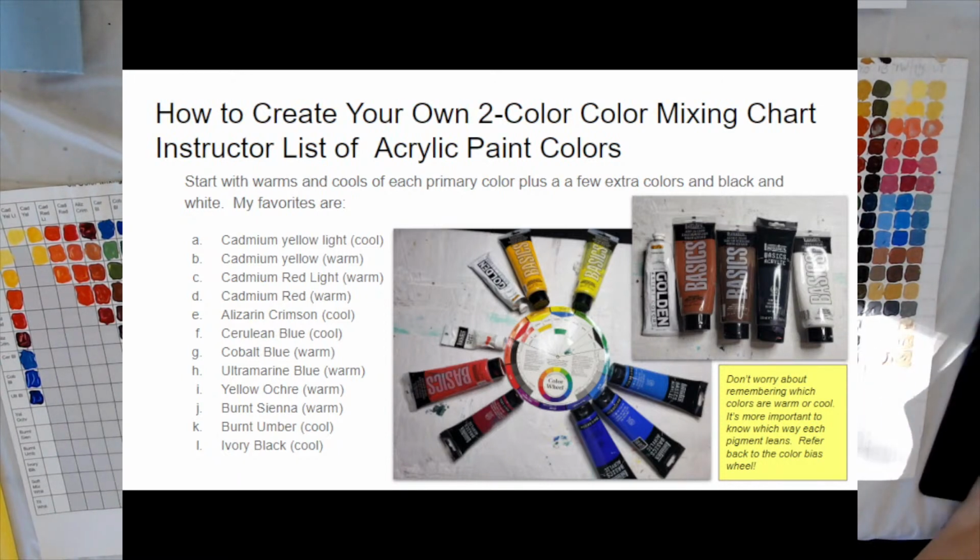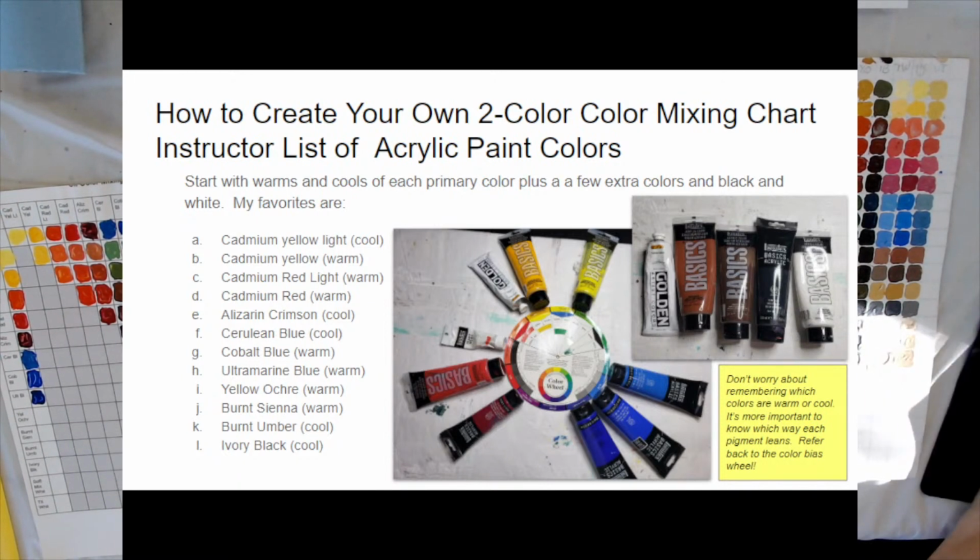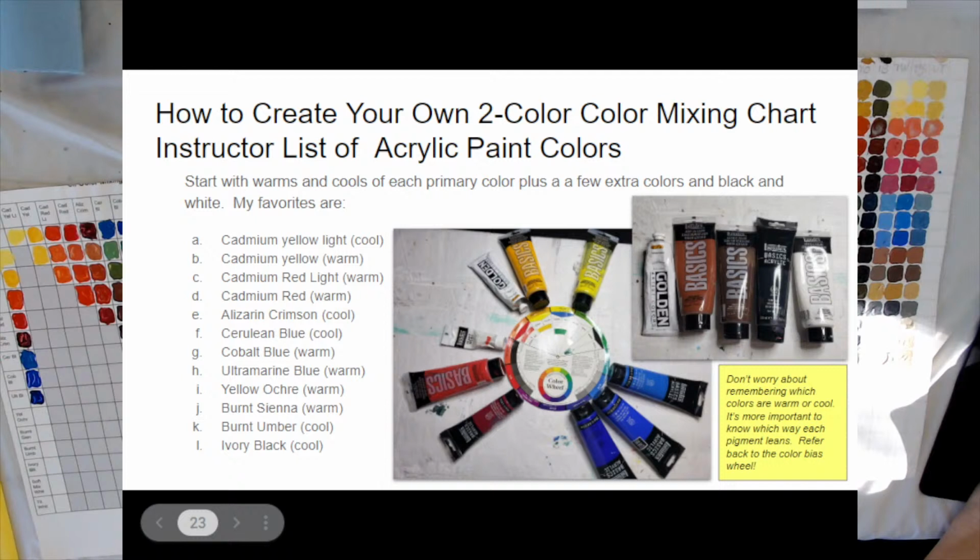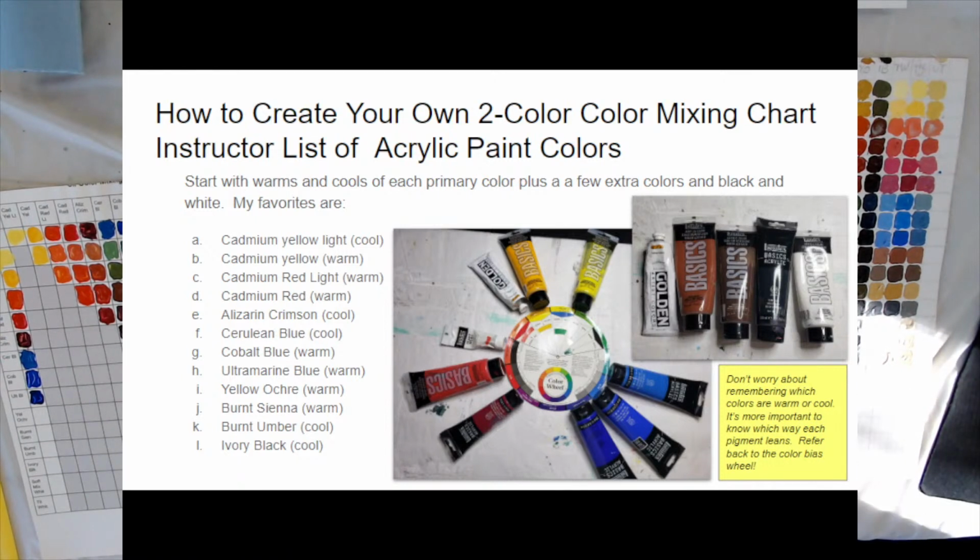Like for example, the blues. The cerulean blue reflects more green. Cobalt blue and ultramarine blue reflect more violet. For your reds, if it's cadmium red, cad red light, that's going to be in the red orange category, whereas your alizarin crimson is going to reflect more violet.